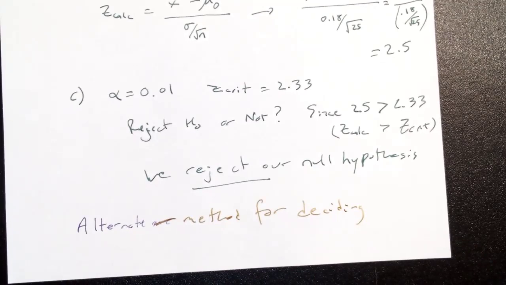What if instead of having a critical value, I used the normal distribution table the regular way? Z is 2.5. Go to your table and calculate the area that goes with 2.5.